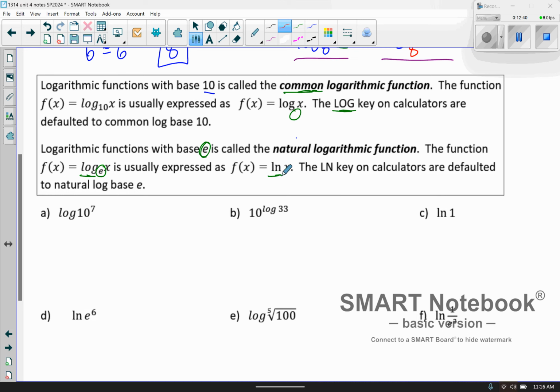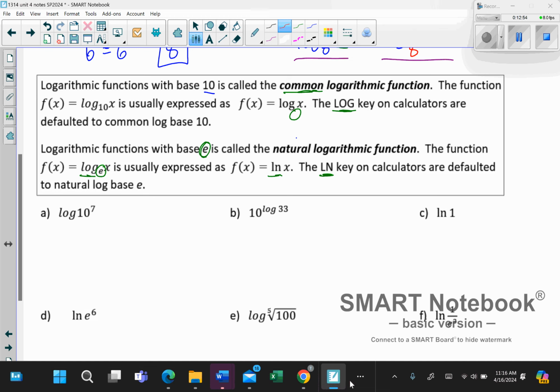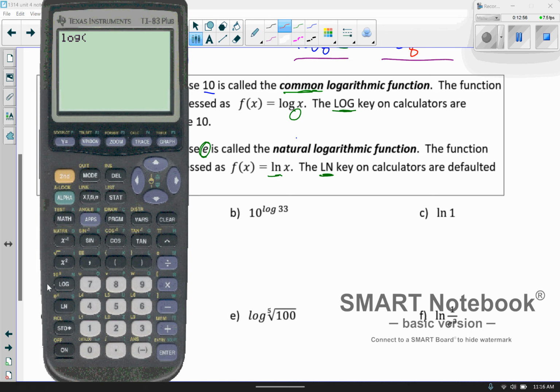So ln would substitute in for having to write out log base e. And then we have that button in our calculator. In our calculator, they use capital letters, which is fine. Let me pull that up for you. It's just right below our log button right there. So LN, which stands for natural log.